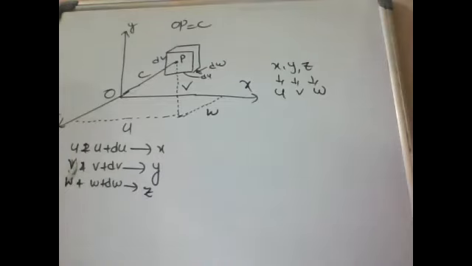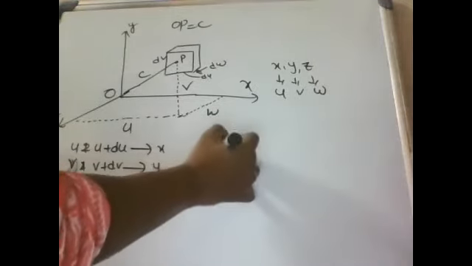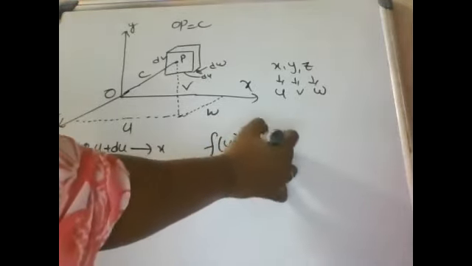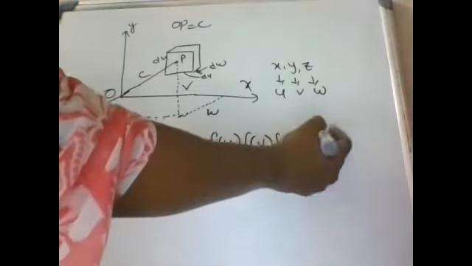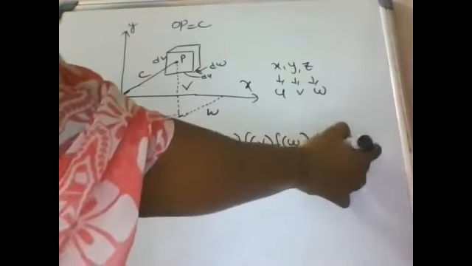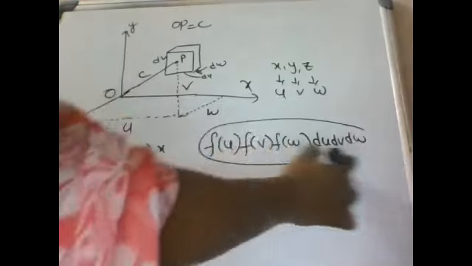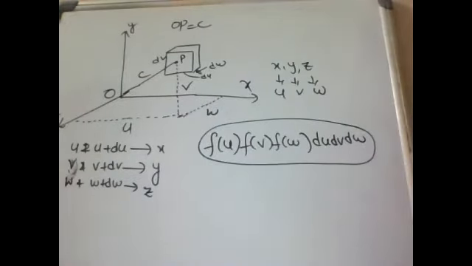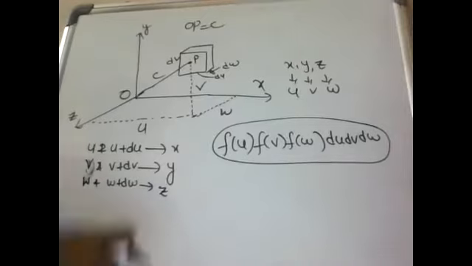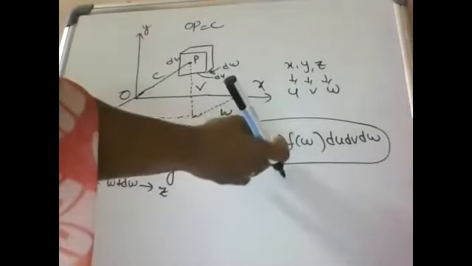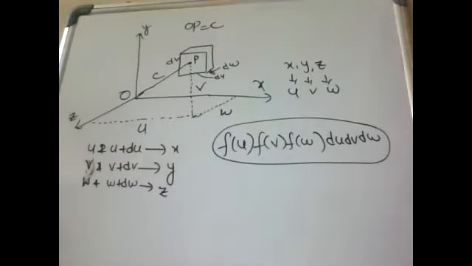Next, the probability of that molecule lying between these ranges we can write as f of u into f of v into f of w into du dv dw.